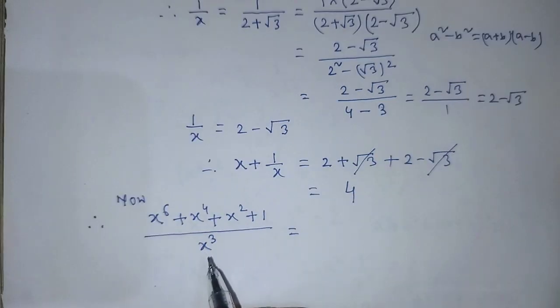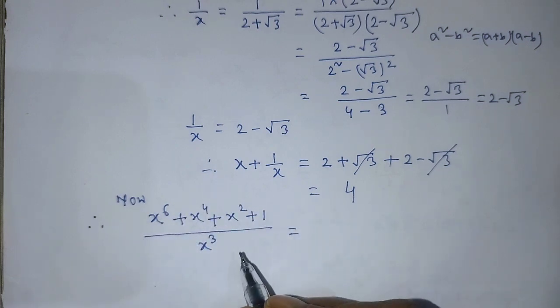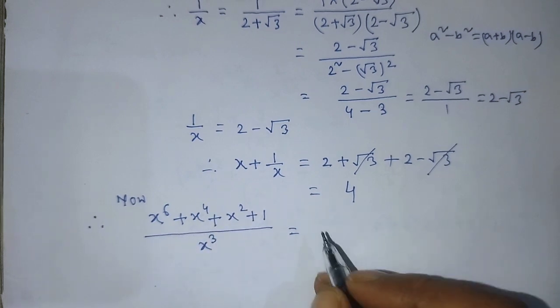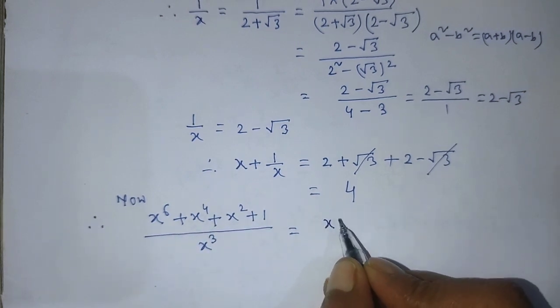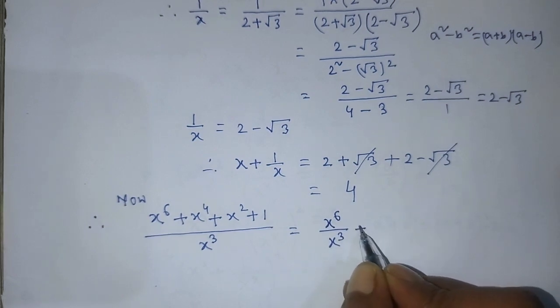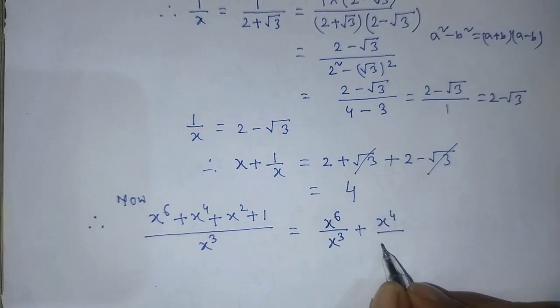So students, to find the value of this algebraic expression, we have to apply the distributive property. According to the distributive property, we can write x to the power 6 over x to the power 3 plus x to the power 4 over x to the power 3.